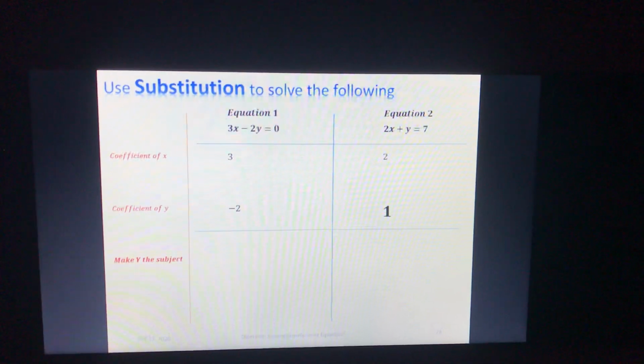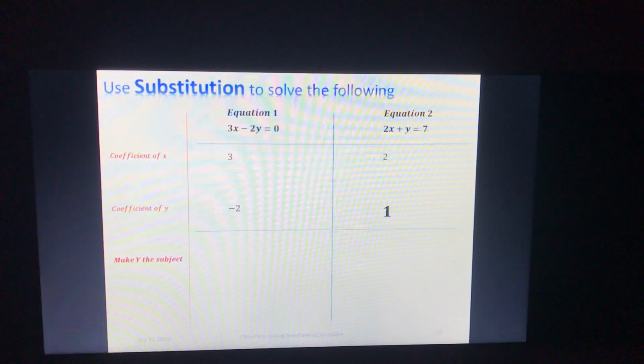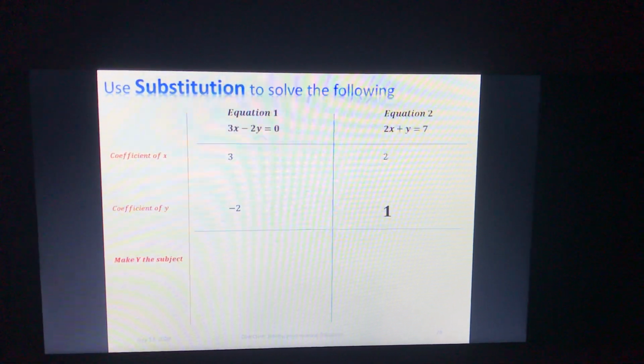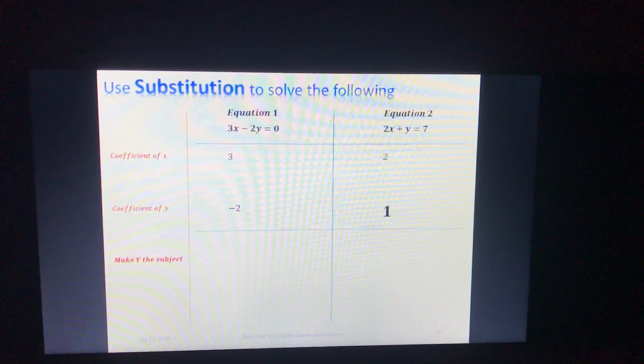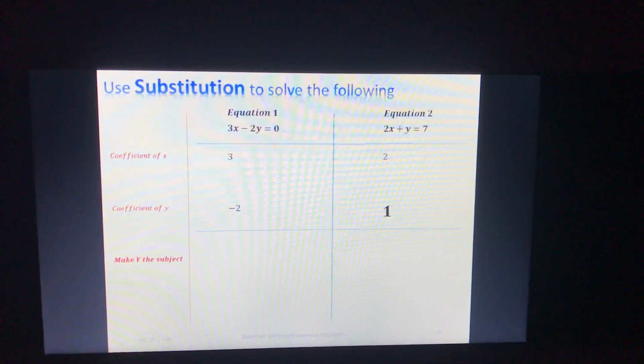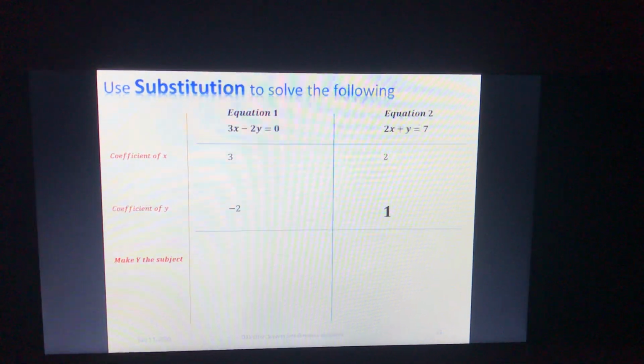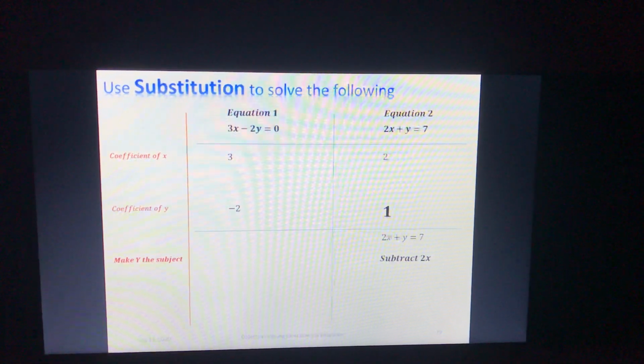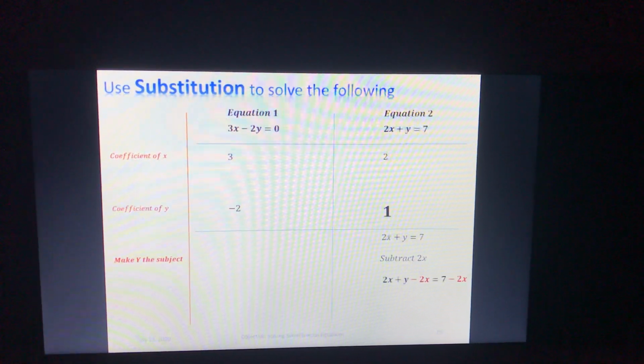By applying opposite operations. I'm going to leave y on its own on the left side of the equation and send every other term to the right side. So we're getting rid of 2x. Subtract 2x from each side of the equation.